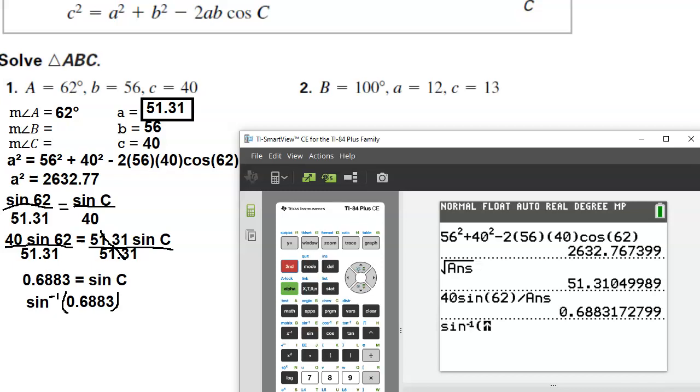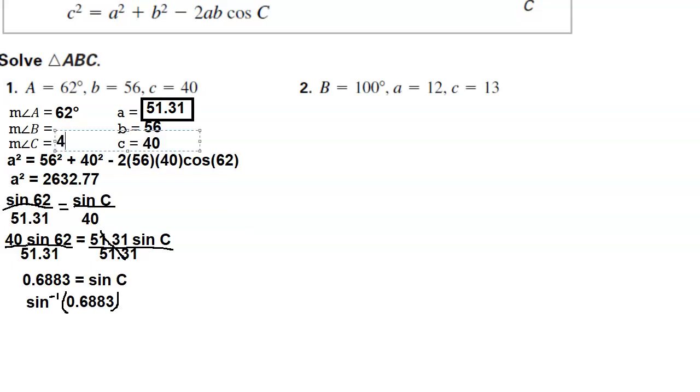I don't have to type that in because I can just hit the answer button again. 43.50 degrees. Okay, so the inverse sine of that was 43.50 degrees.